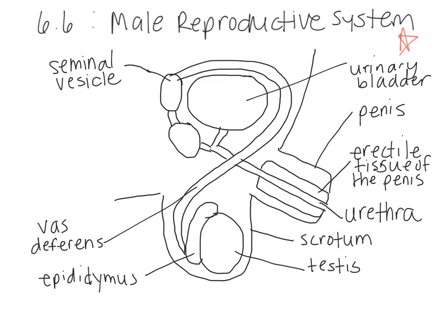That seminal vesicle then also empties into or goes through the prostate. And then we're showing some of that shared ductwork, with the tube that's leaving the prostate and with the urinary bladder. And that is the male reproductive system.